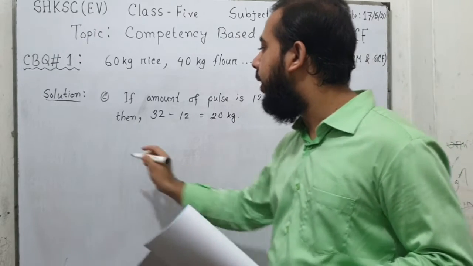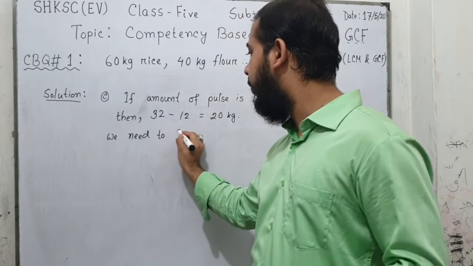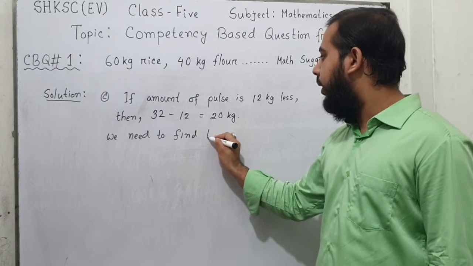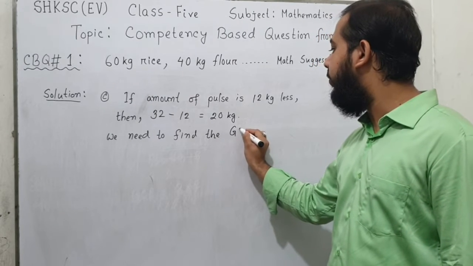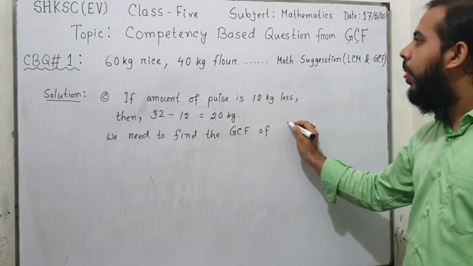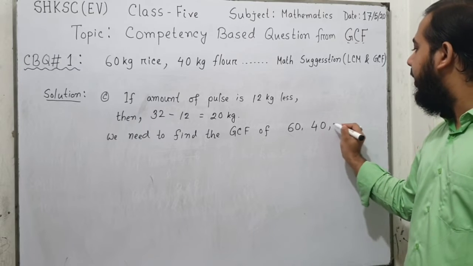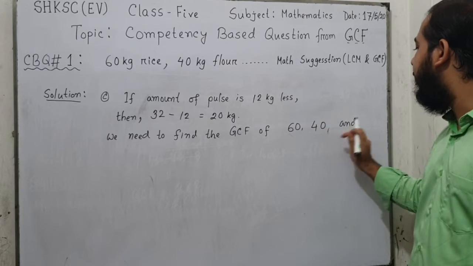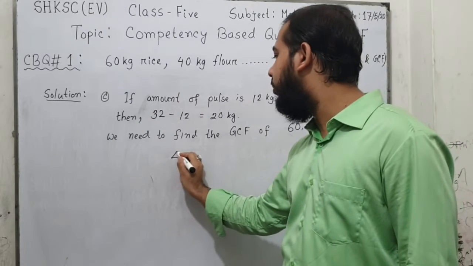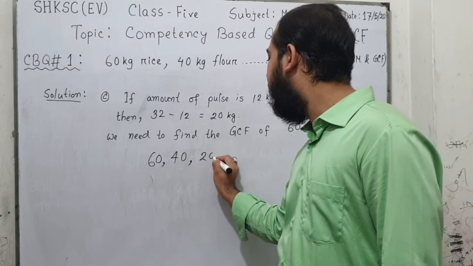So now we need to find the GCF of 60, 40 and 20. Same method, we will do the Euclid method here also, 60, 40 and 20.